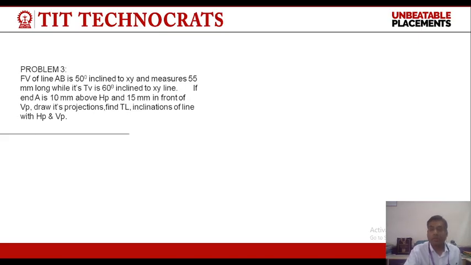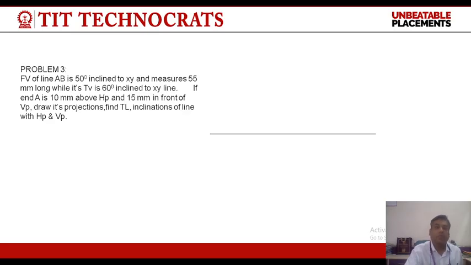So, in a similar manner, we can solve any type of question of a line which is inclined to both HP and VP. One more problem is given here. So, by using the same methodology, we can solve this problem also.